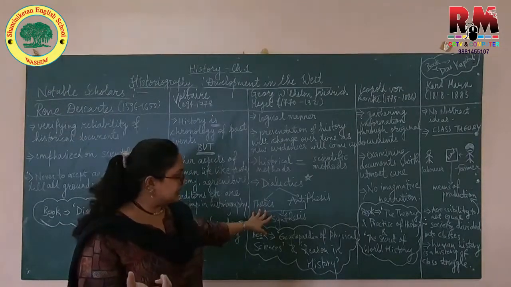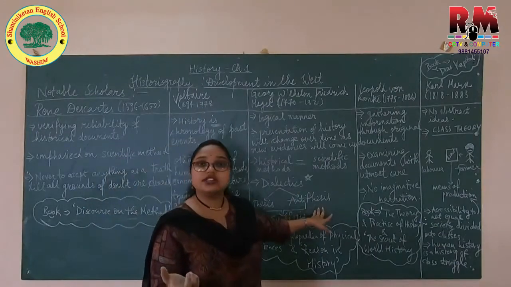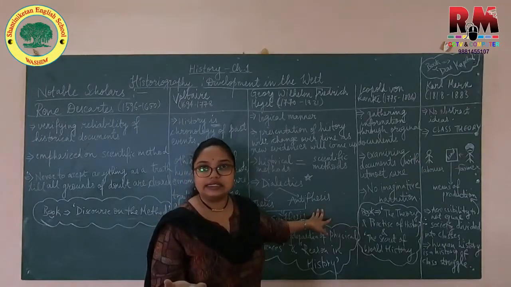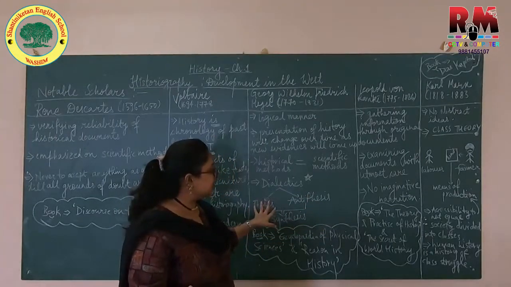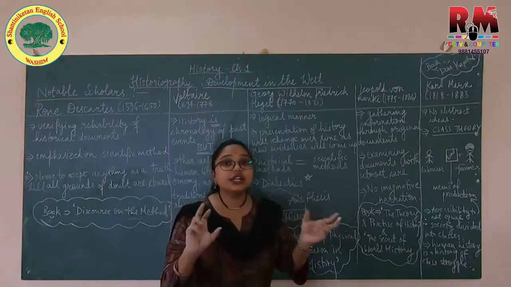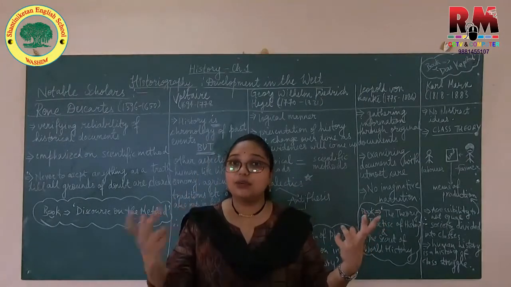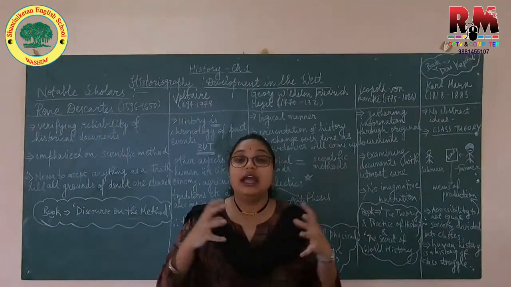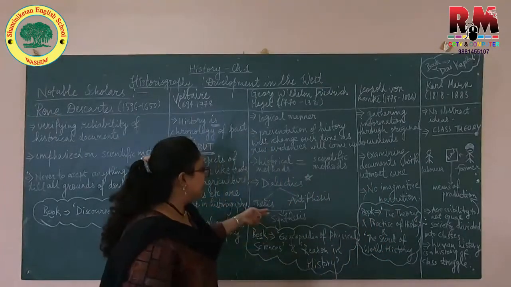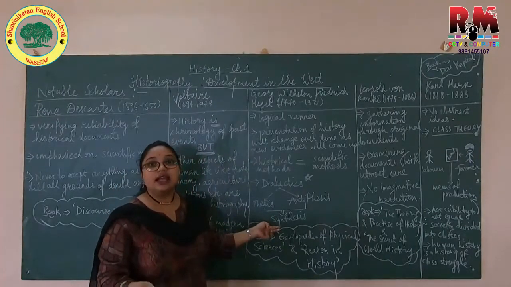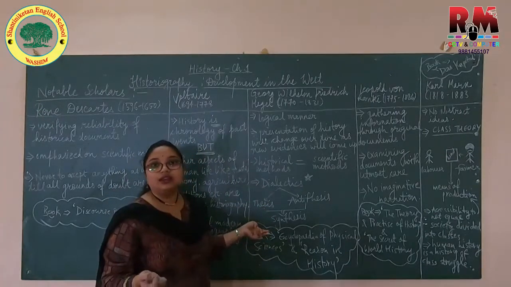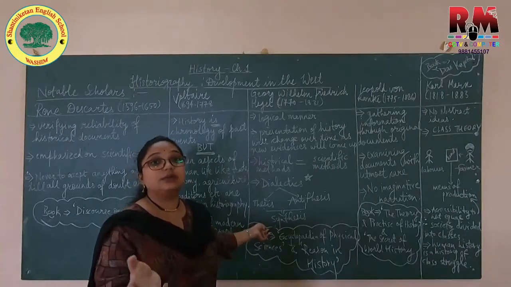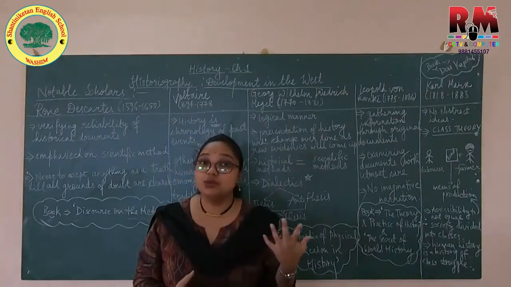For the situation, whatever you want to explain, he called it the formation of thesis. And the exact opposite situation was called antithesis, the formation of antithesis. And when you study both the situation and the opposite situation overall, and you come to the gist of it, then it is called synthesis. If you carry out your historiography in this way, things will become much better and much more scientific.